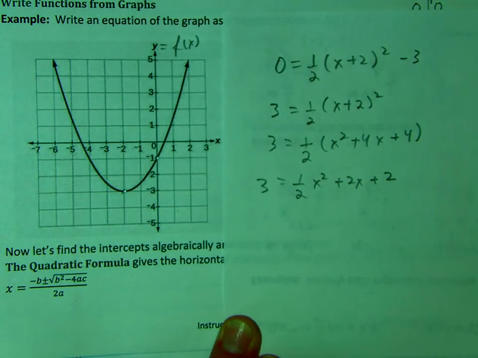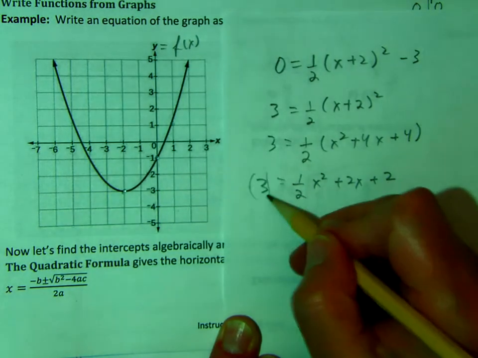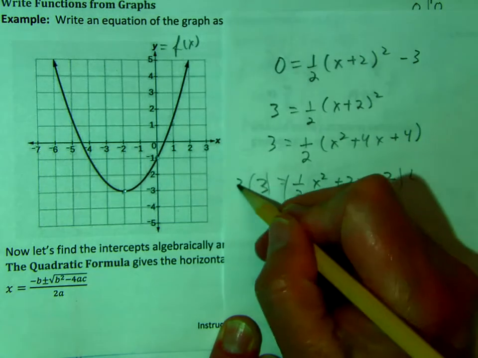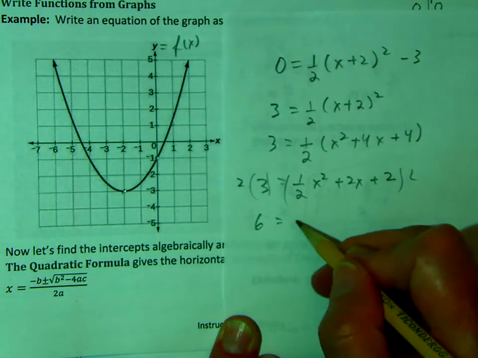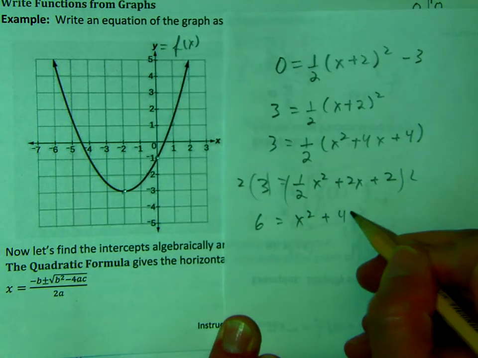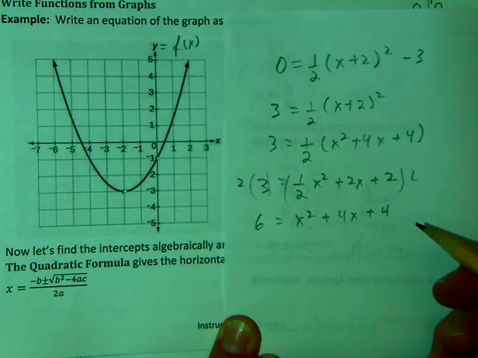I can multiply this whole thing by 2, and 6 equals x squared plus 4x plus 4.